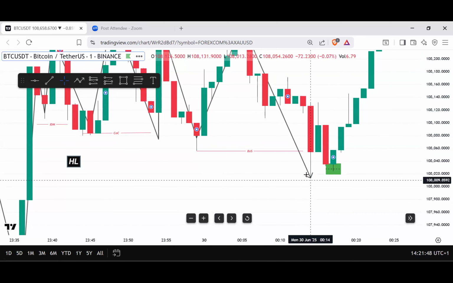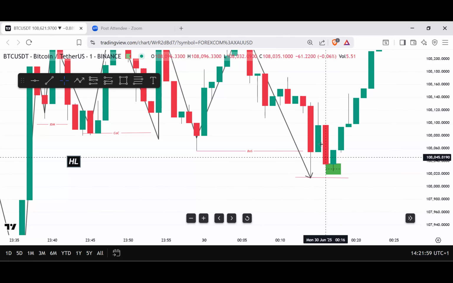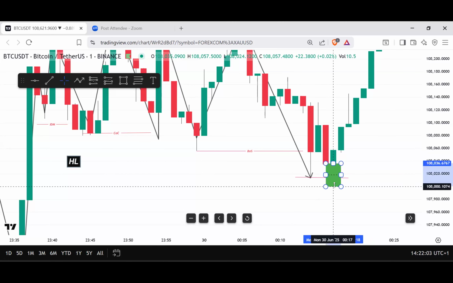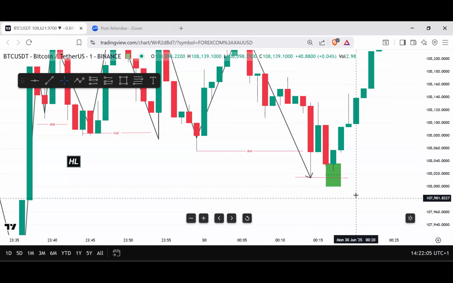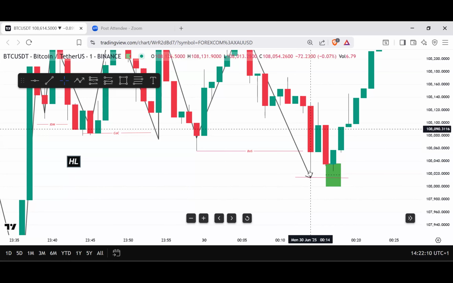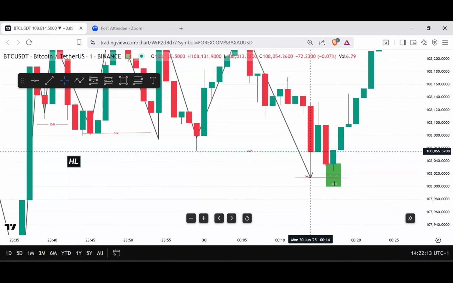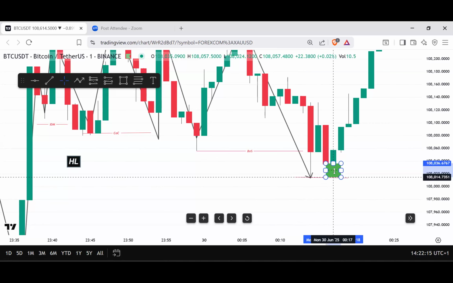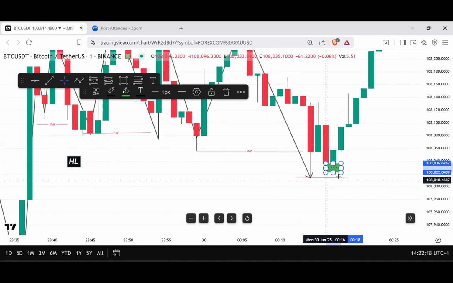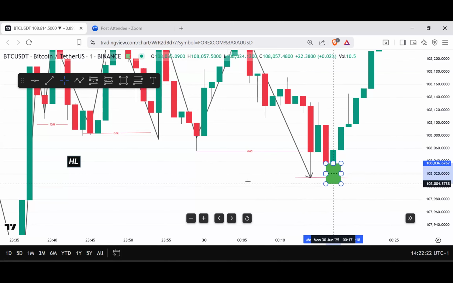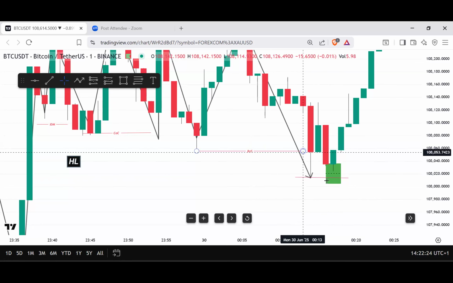So we have to consider the wick. We must make that break below and close. Otherwise, that is in control. So until we see a close below, that's when we say the break of structure.